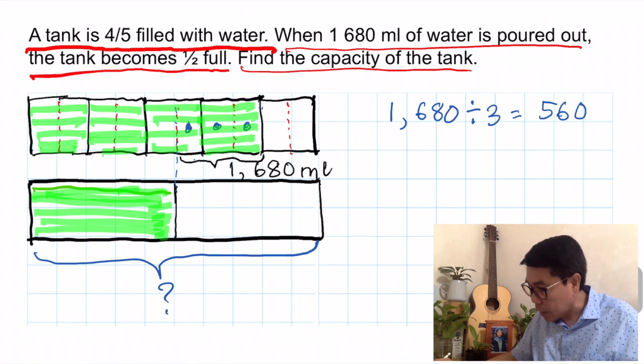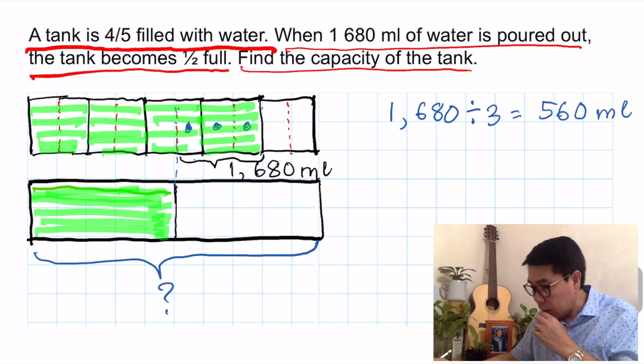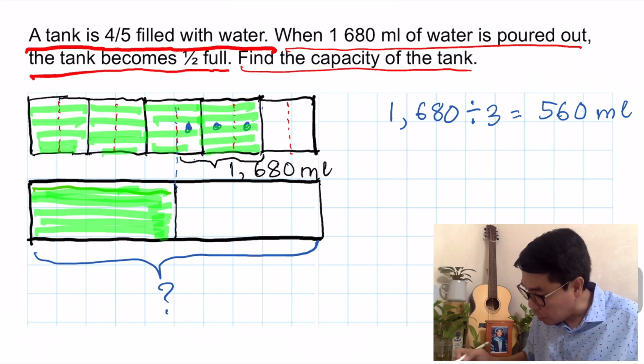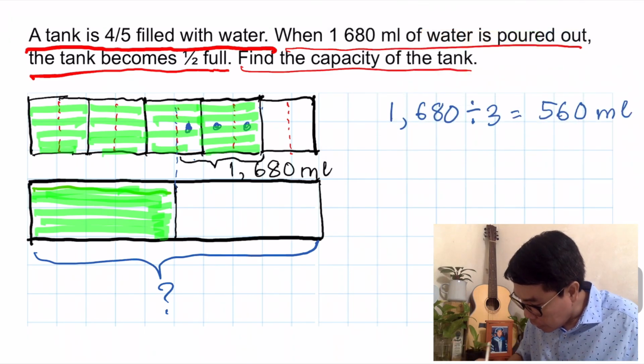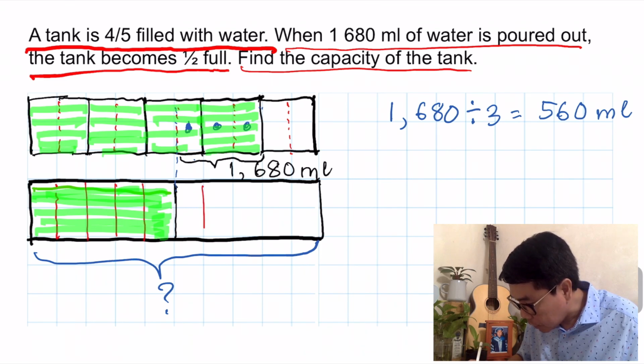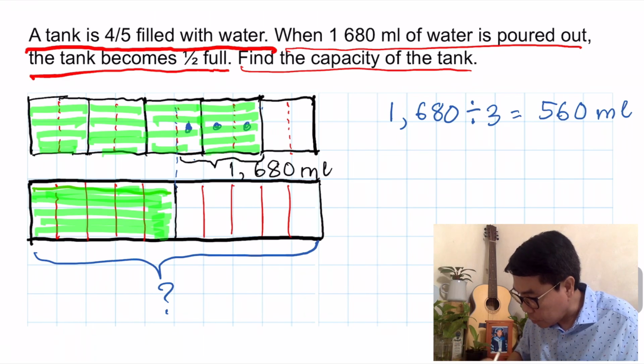Okay, so one block is 560 ml. Okay, and then we're going to find out how many in all. So there are how many blocks in all. So we can see we have 1, 2, 3, 4, 5, 6, 7, 8, 9, 10. So there are 10 blocks in all.